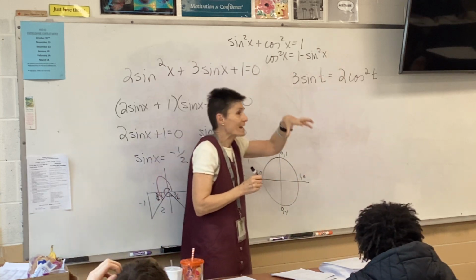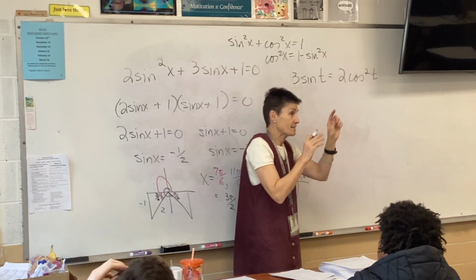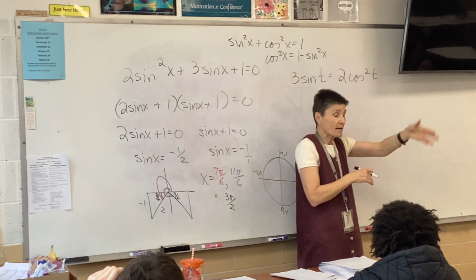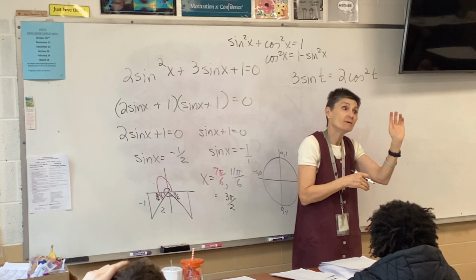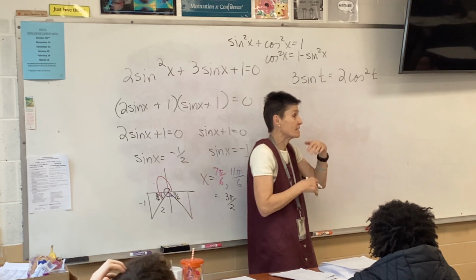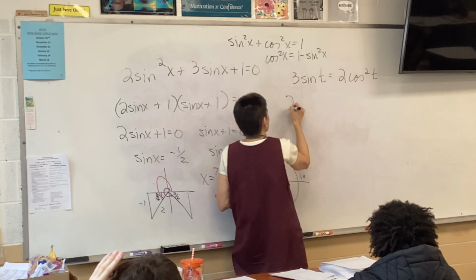Every squared function can be rewritten in terms of its Pythagorean mate. So sine squared plus cosine squared is 1, so cosine squared can be written in terms of sine squared. Cotangent squared can be written in terms of cosecant squared, and so on. So, how does that help me?